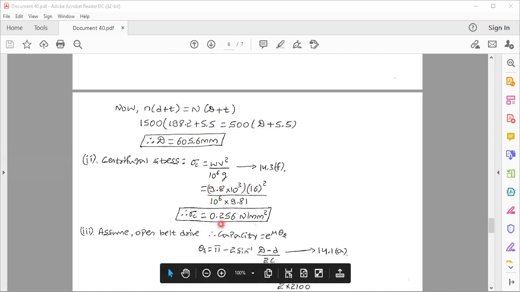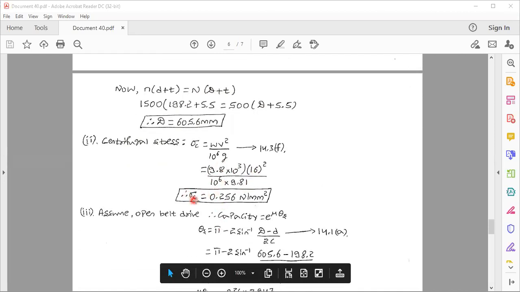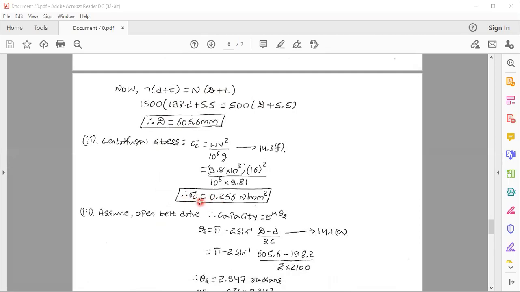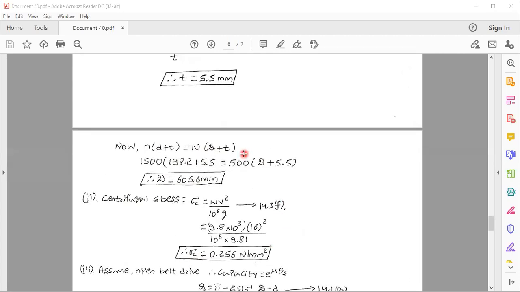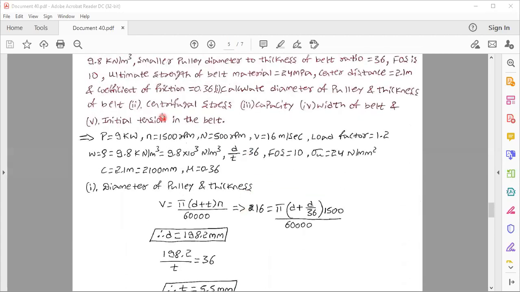Substitute all the values. After substituting that, you will get the centrifugal stress. Therefore, centrifugal stress is equal to 0.256 Newton per mm square or megapascal. After finding the centrifugal stress, next is the capacity.